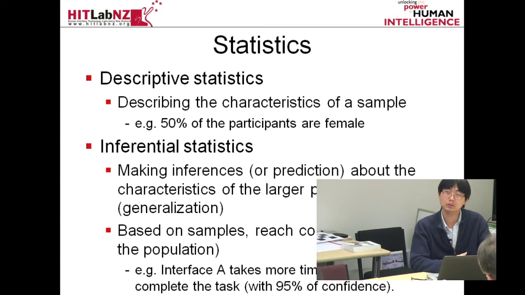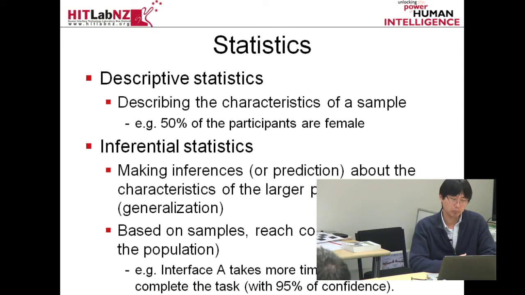So what we're doing is to sample some of the users and test it against them. And there come the roles of inferential statistics, which is making a generalization based on the data you collected with the sample. It's making an inference about the total population or the whole set of users that you are expecting.